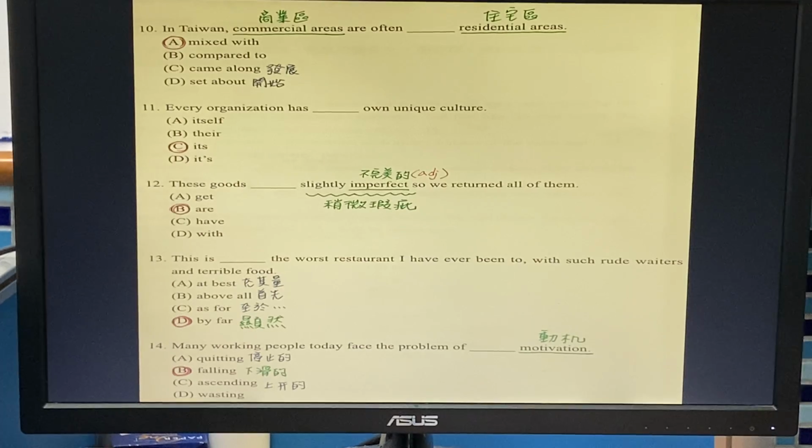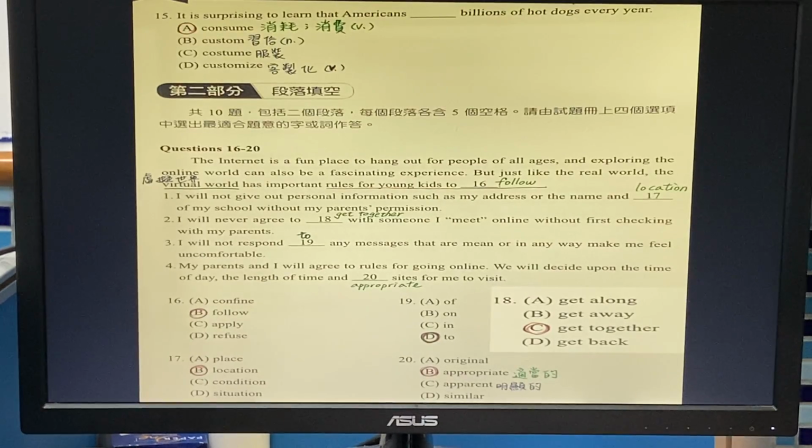他们的 problem 就是动机下降了。15. It is surprising to learn that Americans consume billions of hot dogs every year. Consume 就是消耗消费，就是每年美国人吃掉了数以十亿只的热狗。Okay?